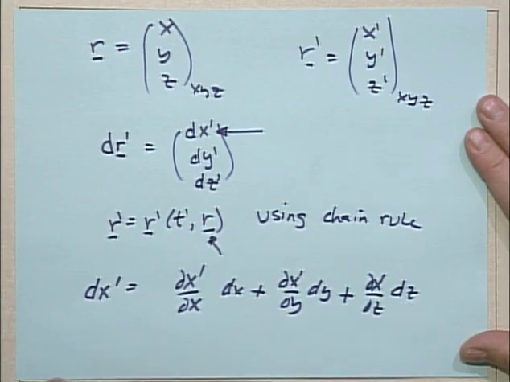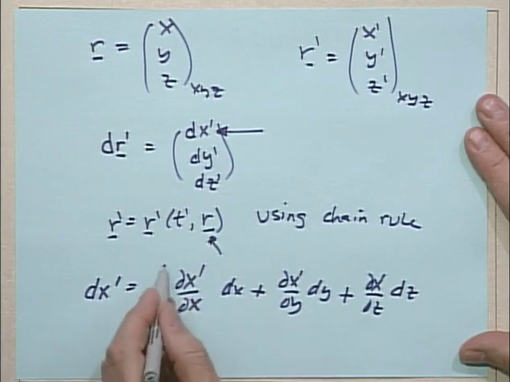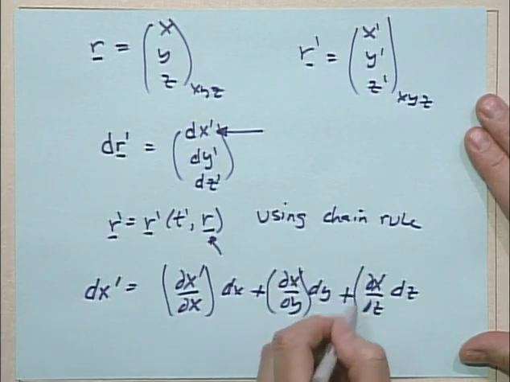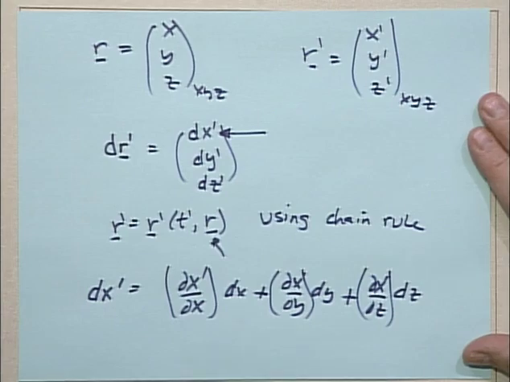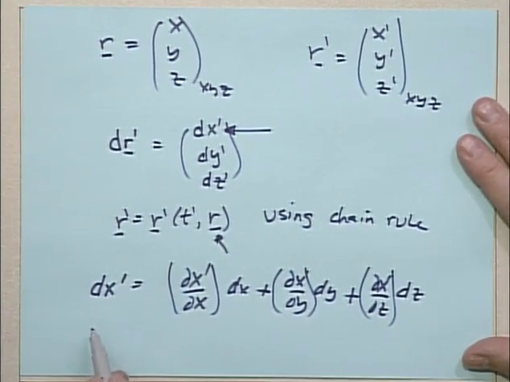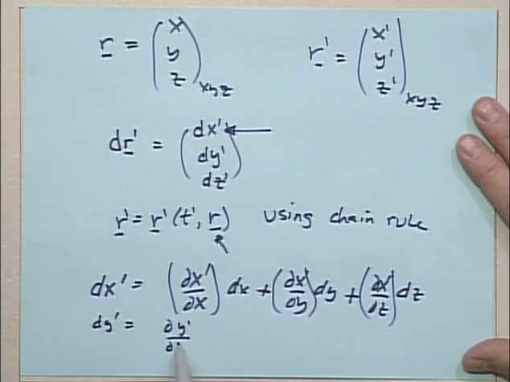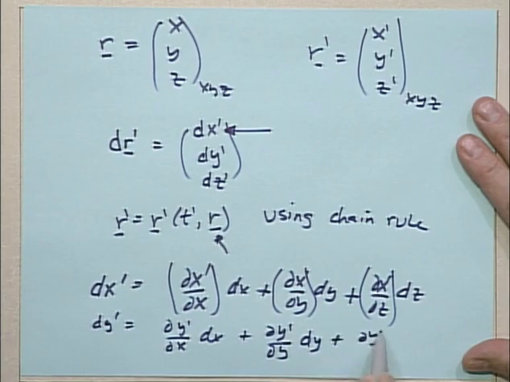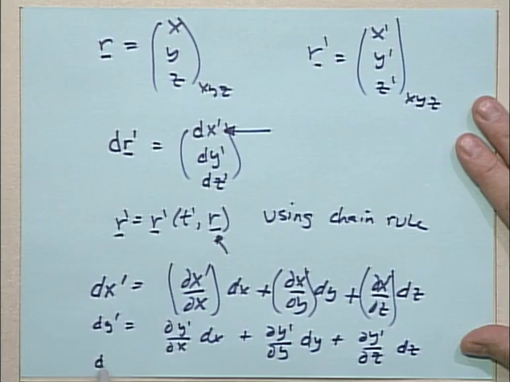We can write it using the chain rule of multivariable calculus as the partial derivative of the function with respect to each of the three spatial variables, times the differential in that direction. We can do the same for y prime and z prime. Partial y prime partial x dx plus partial y prime partial y dy plus partial y prime partial z dz. Same idea.